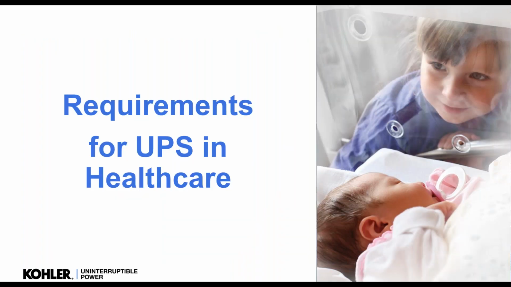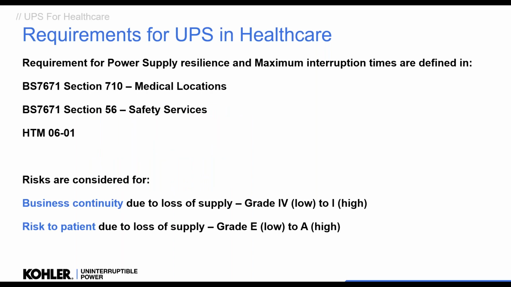Healthcare has a lot of requirements for UPS in particular, and these requirements are defined, or guidelines, from BS 7671, and there is section 710 on medical locations, and we have, of course, BS 7671 section 56, which is about safety services, and that has some critical guidance.